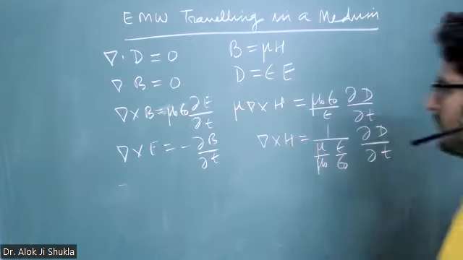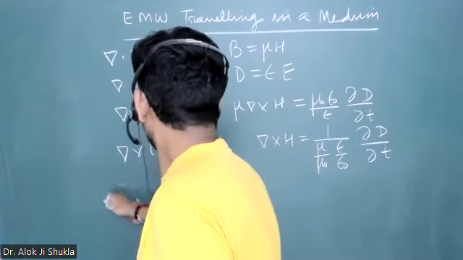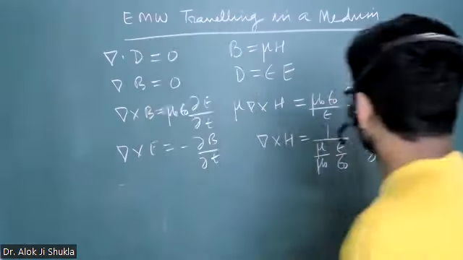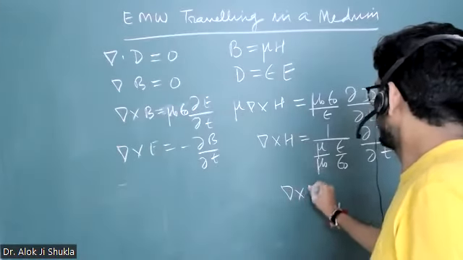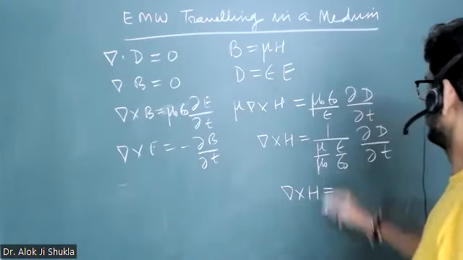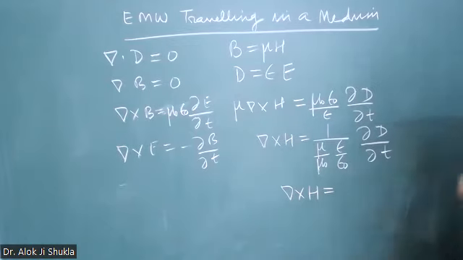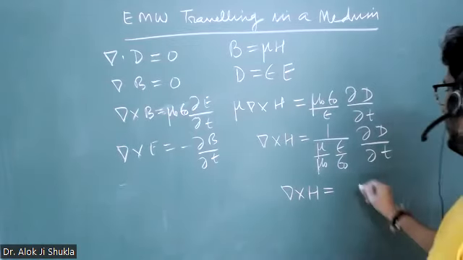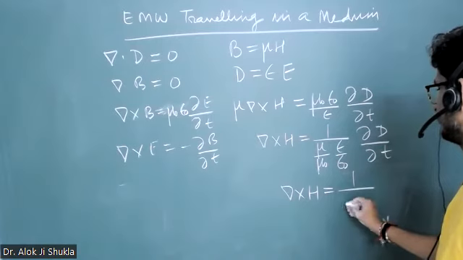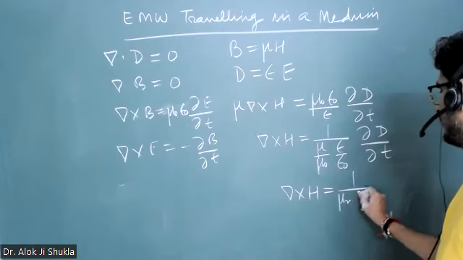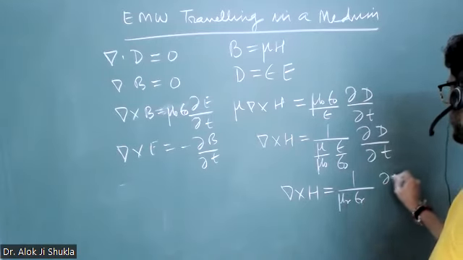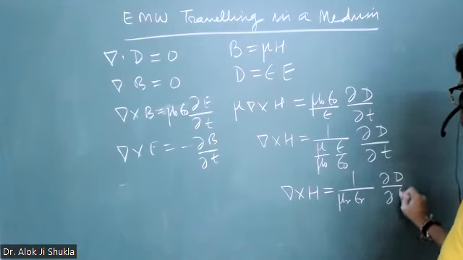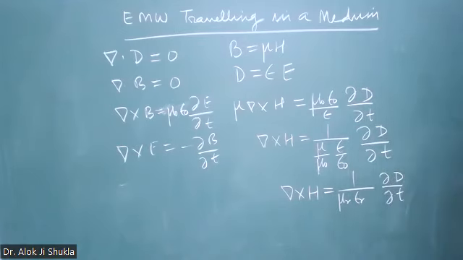And what will be situation here? So this will be del cross H is equal to 1 by mu r epsilon r del D by del T. Okay.